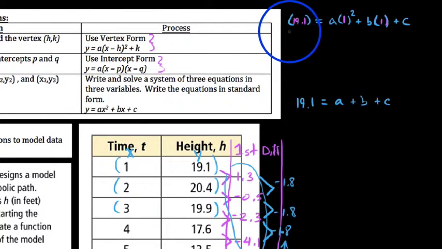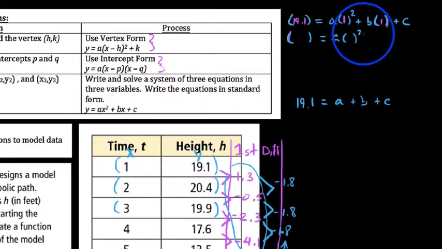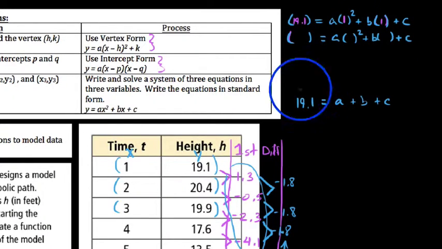Now, setting up our second equation, we ask what's our y value? I'm going to fill all this in in standard form, plugging in our x and y respectively. When x equals 2, 2 seconds later, we knew that this plane was at a height of 20.4 feet just by our measurements.